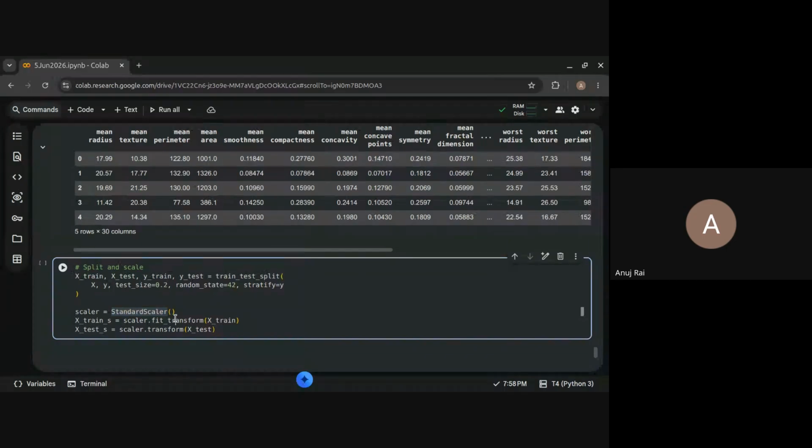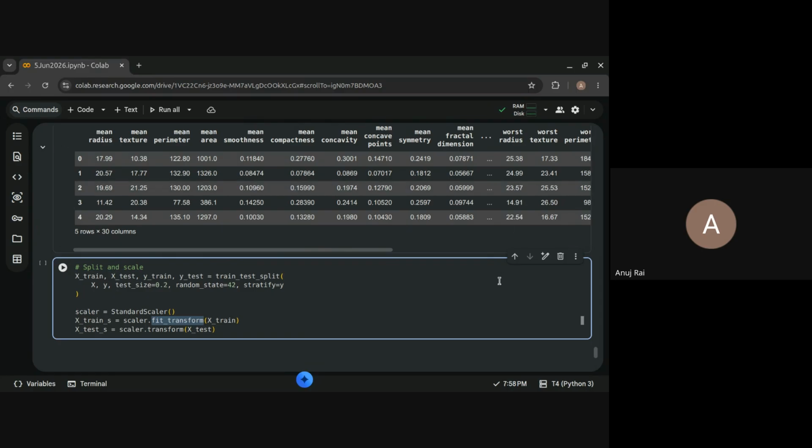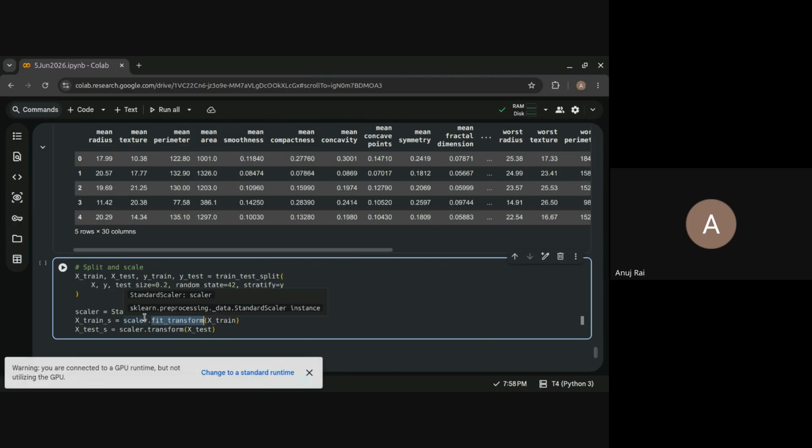And then after that we do the fit transform. For the regression we only used to call fit, and here fit transform does the scaling. We call fit transform for one thing only, that is to scale the variables so that the range is somewhat the same.